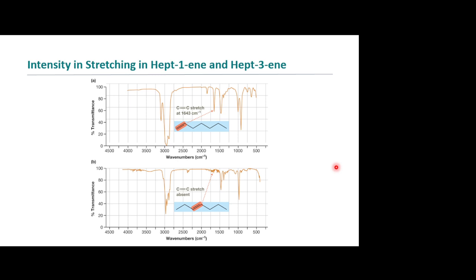This is hept-1-ene and hept-3-ene. And so what do we see here? Well, we have this at the very end of the molecule, right? Okay. And what do you see about the differences on both sides of this? That's very asymmetrical, right? And so you have a lot of difference between your dipoles, don't you?